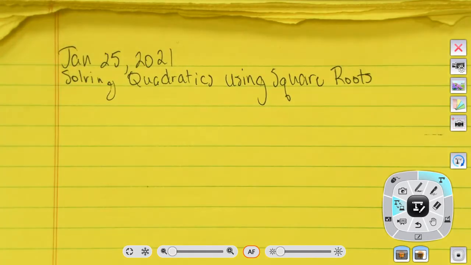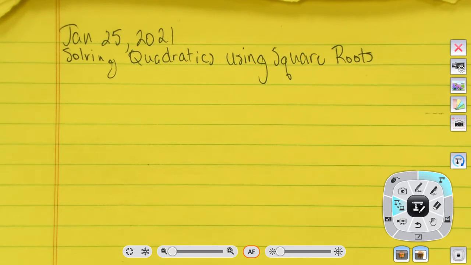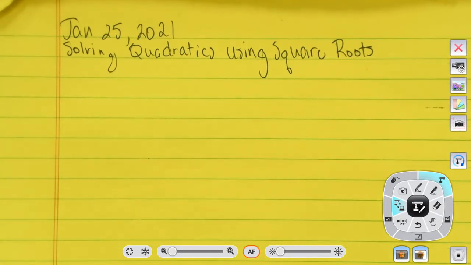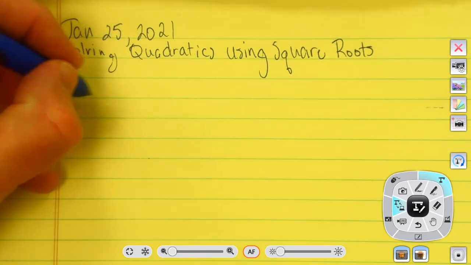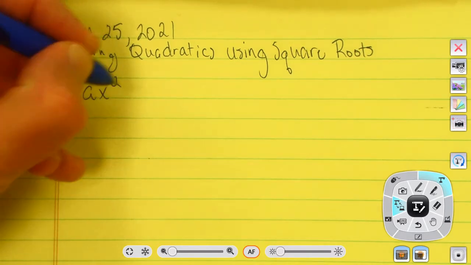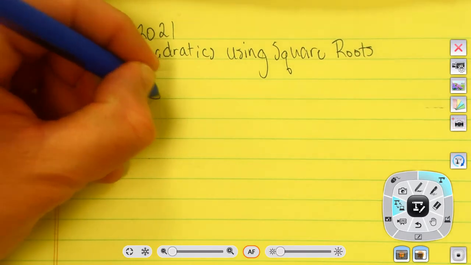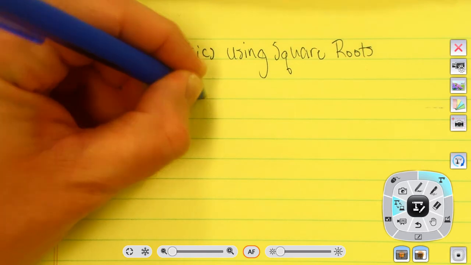So just jot that down. Solving quadratics using square roots. Now, I asked you to type in there ax squared plus c equals 0.